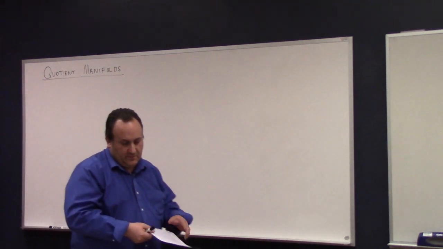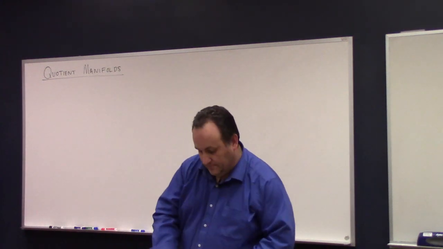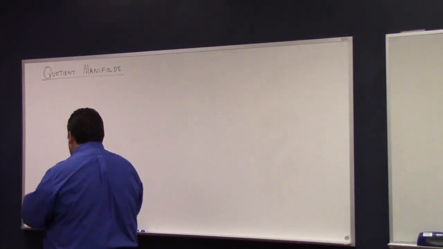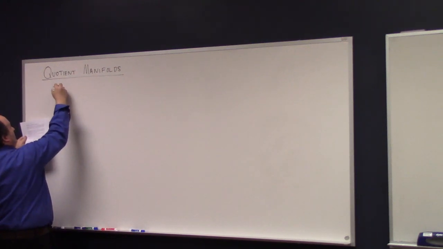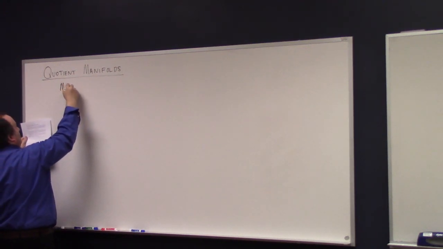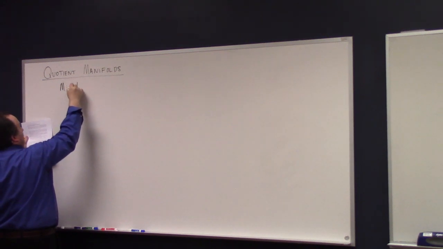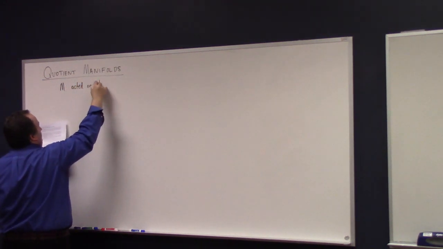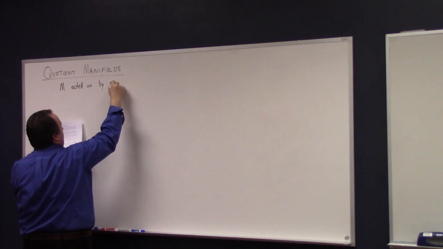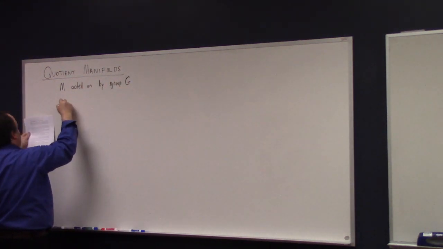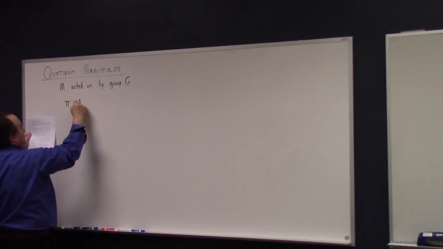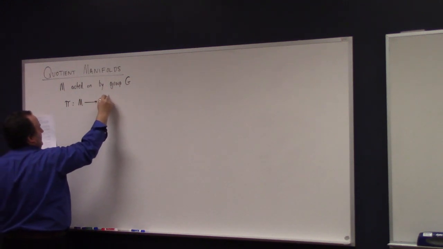The idea here is you've got a manifold M, and it's acted on by a group G, all right? And you can define a quotient map. Pi is a quotient map from M to M by G.